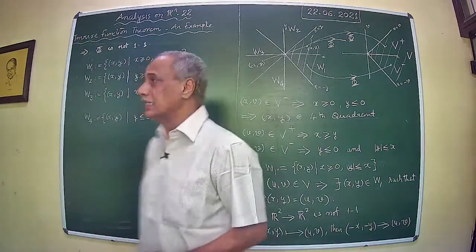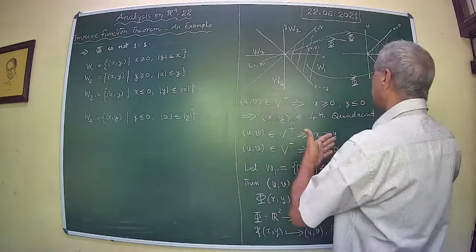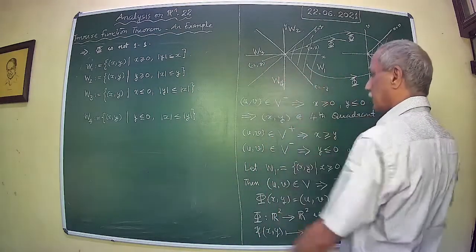So you see that there is the relationship between W2, W4 and W1 and W3. What is it?